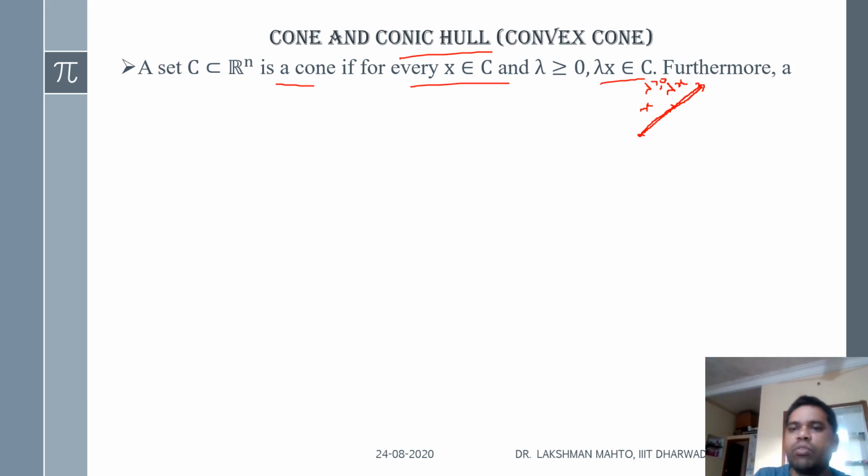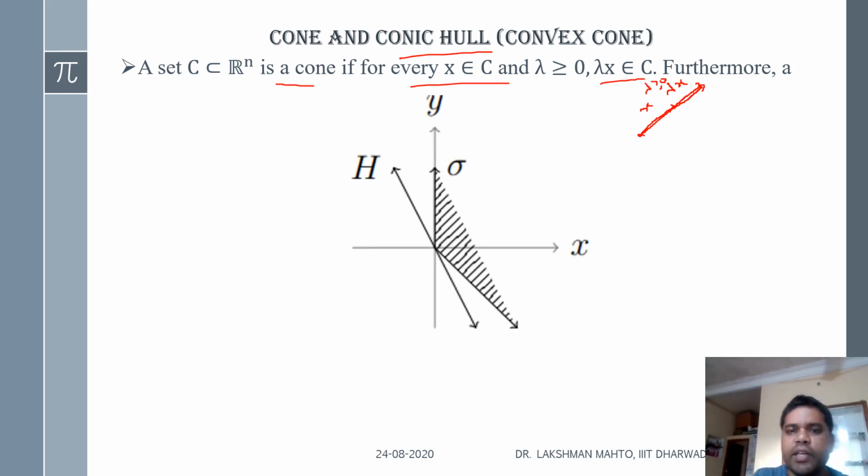A ray has an initial point, but no terminal point; it just keeps going in the direction of x. So from this definition, we can observe that a cone always has an infinite structure. That means it is not bounded.